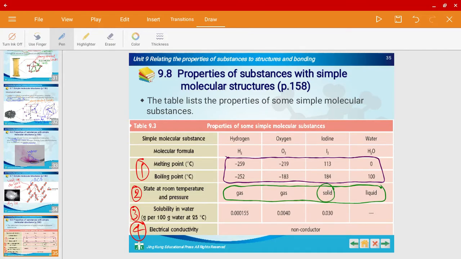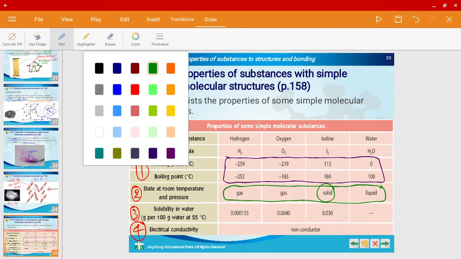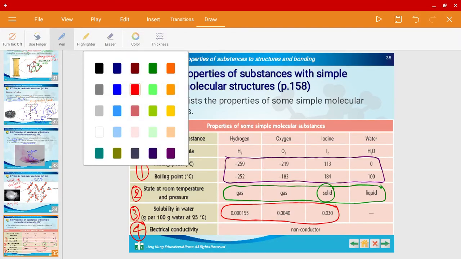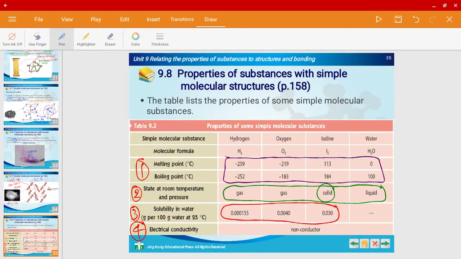I'll talk about this in a while. They're slightly soluble in water, not really soluble. And finally, they're non-conductors, so they do not conduct electricity.